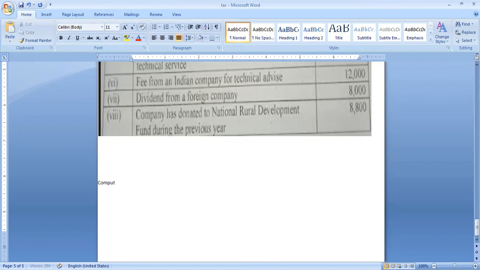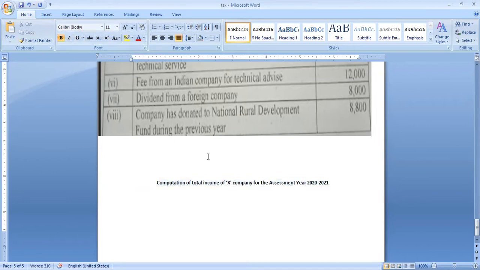Computation of total income of X company for the assessment year 2020-2021, we are going to calculate.